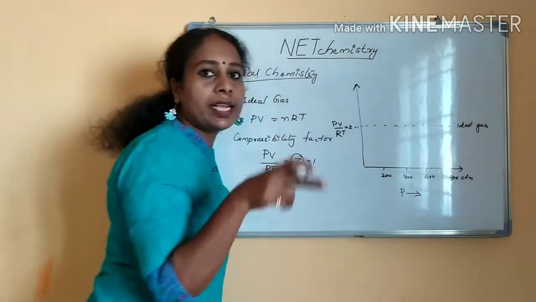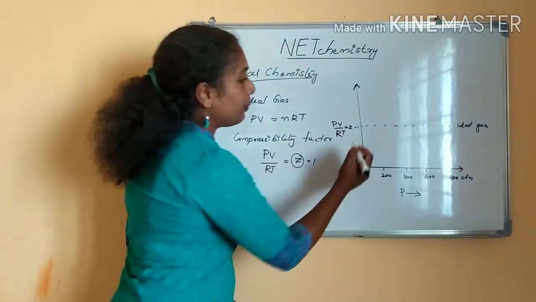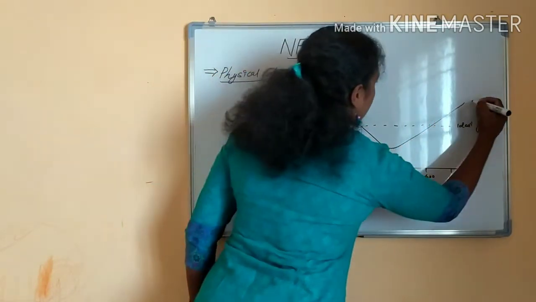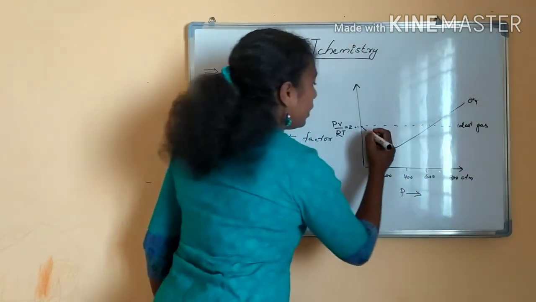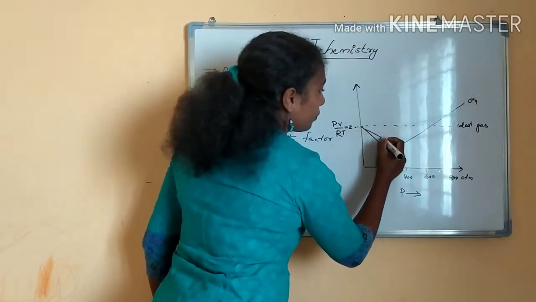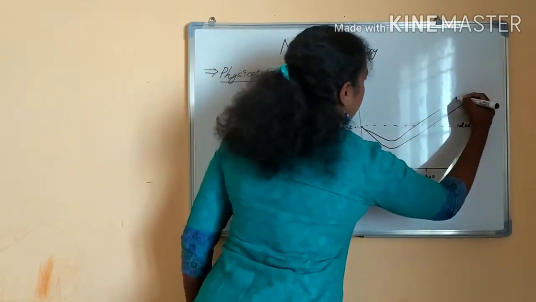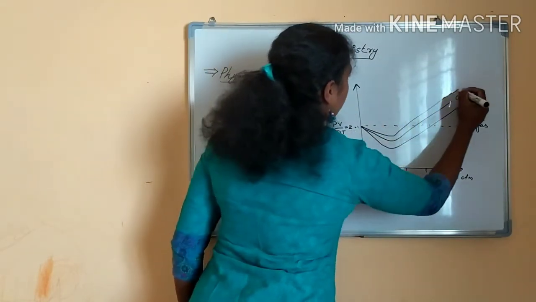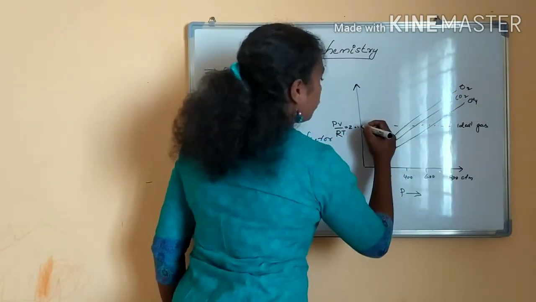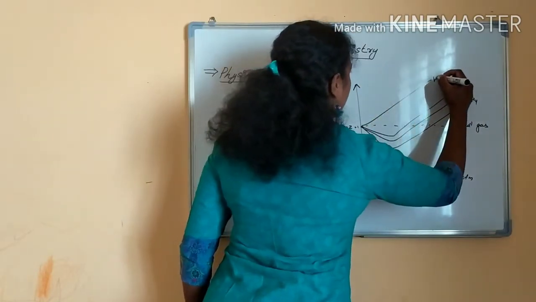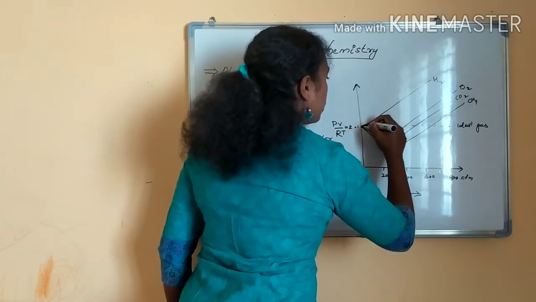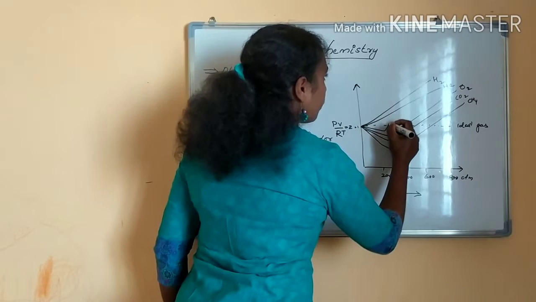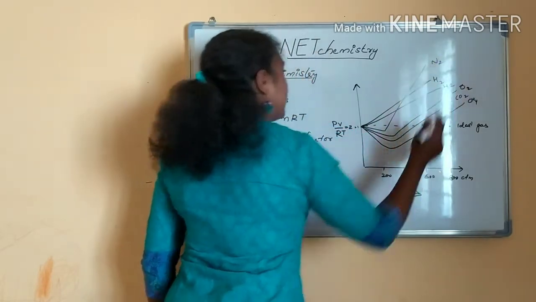And we must see how the real gases behave. Real gases will not always behave ideally. This is CH4, methane. This is CO2, O2, hydrogen, helium, nitrogen.